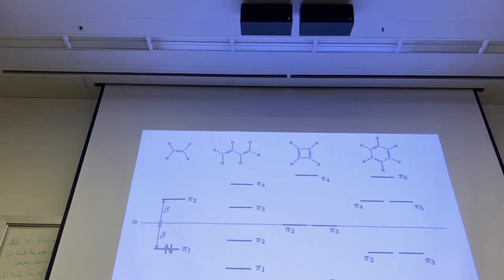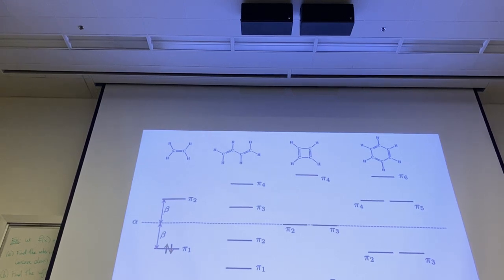So if you ask me what is the total energy of this pi conjugated system, I just take the energy of that orbital and multiply it by 2, because there's 2 electrons in there. So it's 2 times alpha plus beta, which is just 2 alpha plus 2 beta. So that is the total energy in my pi conjugated system. Remember, I haven't talked about the sigma bonds, this is only the pi bonds. All right?